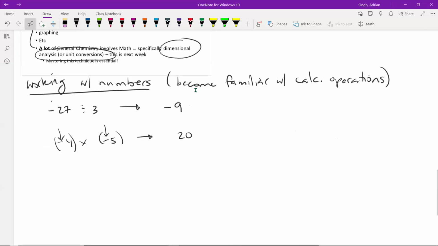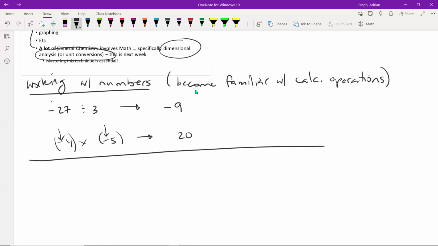Now, the other thing that you want to remind yourself of, or to go back and dust off some of the rust, are your place numbers. Okay, so if I have a number such as 1,235.790.